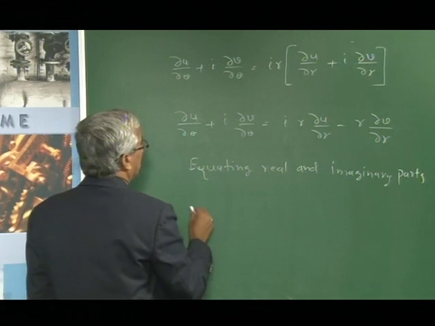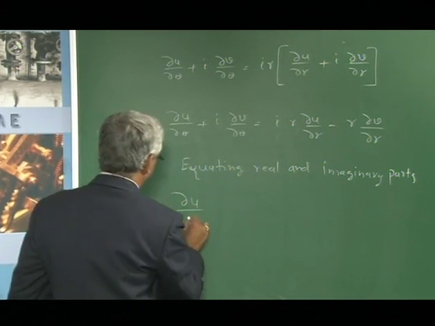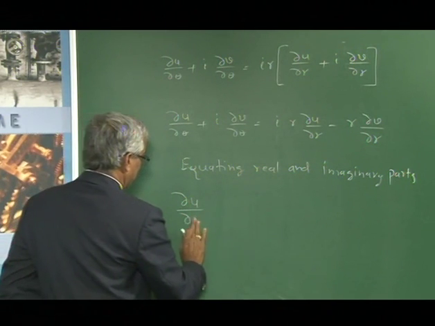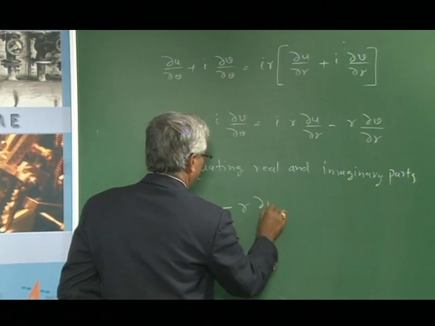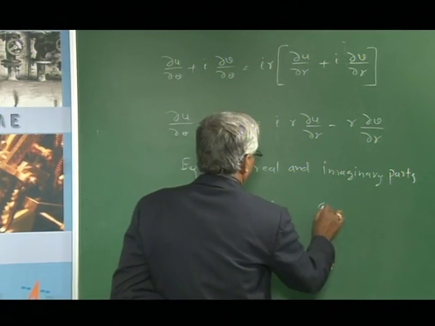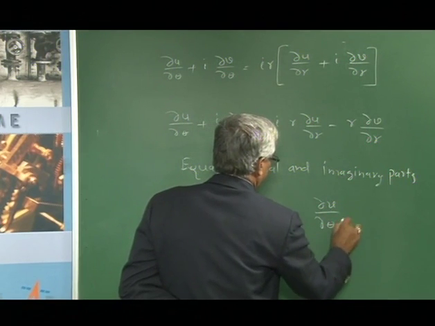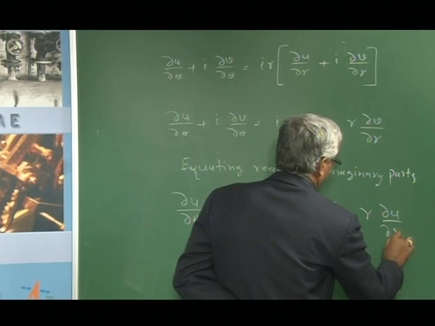we get ∂u/∂θ = -r ∂v/∂r, and ∂v/∂θ = r ∂u/∂r.